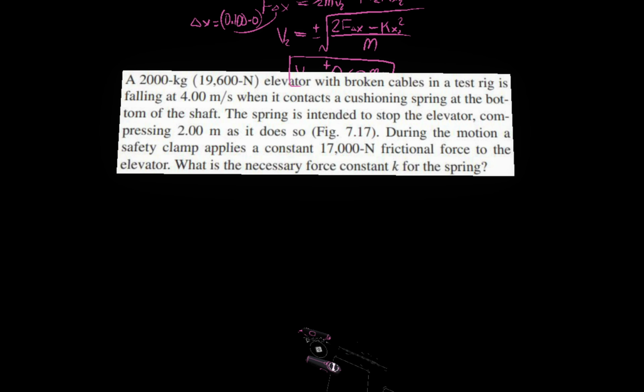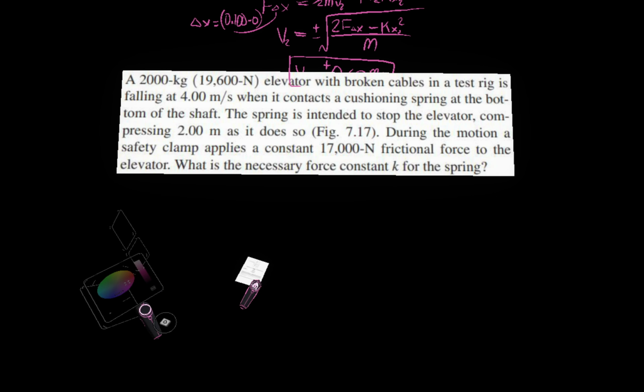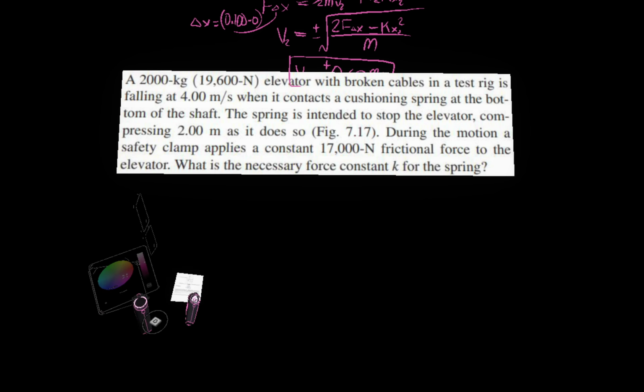With broken cables in a test rig, it is falling at 4 meters per second when it contacts a cushioning spring at the bottom of the shaft. The spring is intended to stop the elevator, compressing 2 meters as it does so.